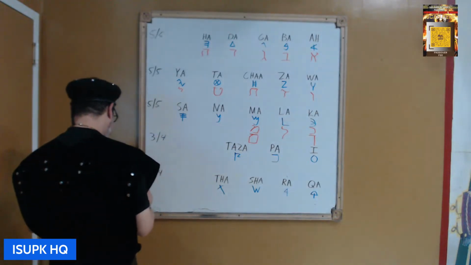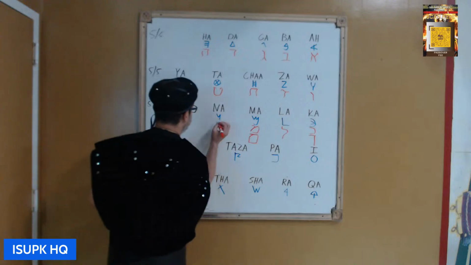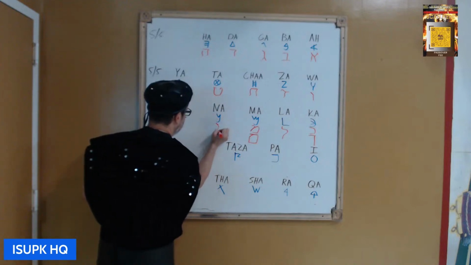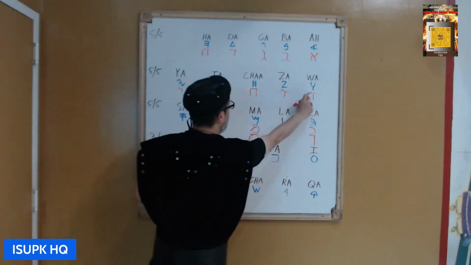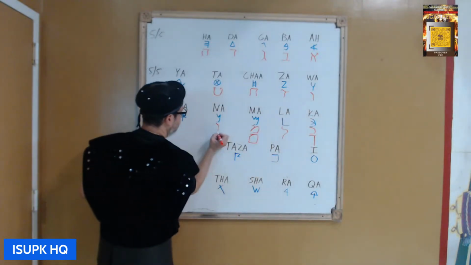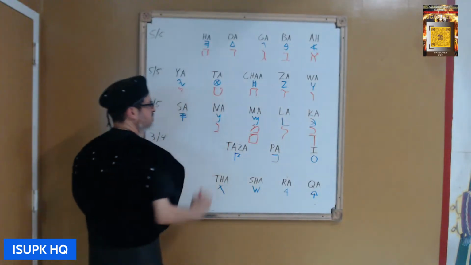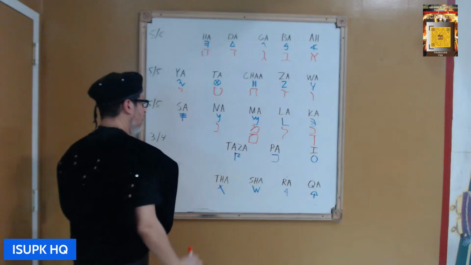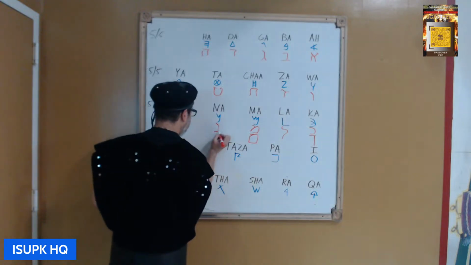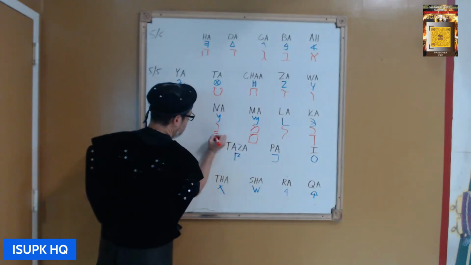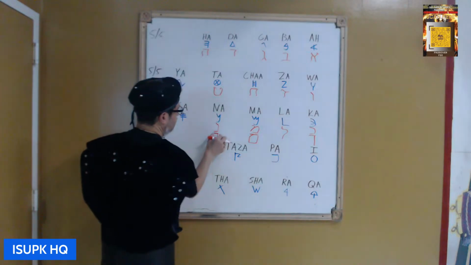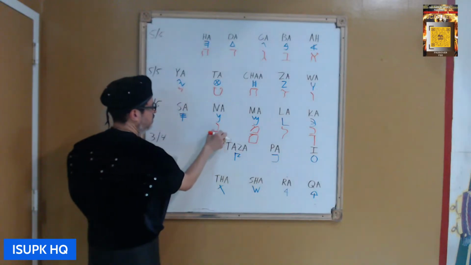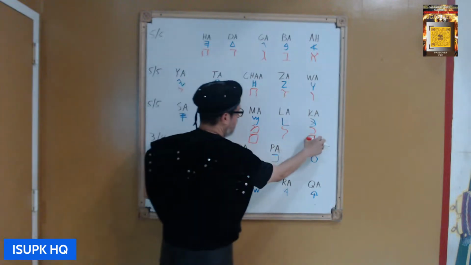The na also has 2 characters. First, it's drawn just like this wa here. Initially, it looks like that. Then you add a line across. And then, if it's at the end of the word, it's also shorter than the ka.